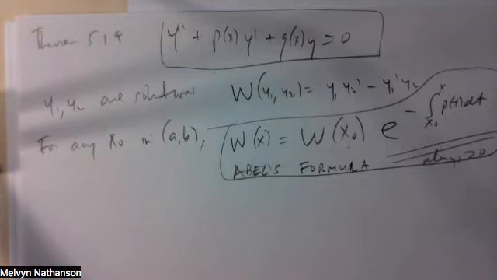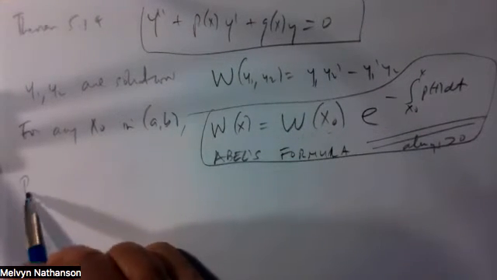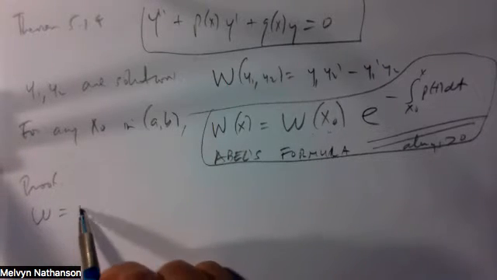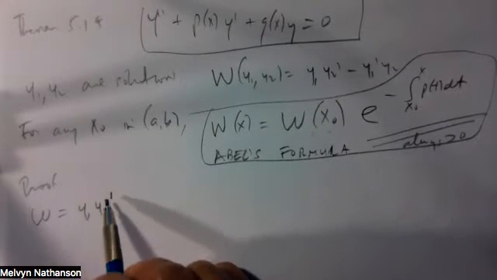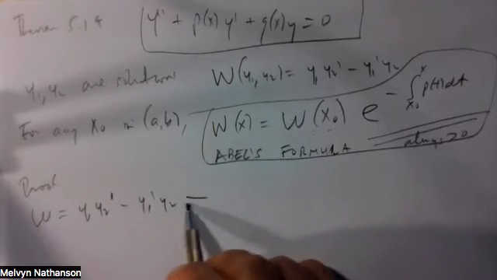So how can we prove this? Well, we can prove this by solving a first order differential equation. So proof. We have W equal to y1 y2 prime minus y1 prime y2.